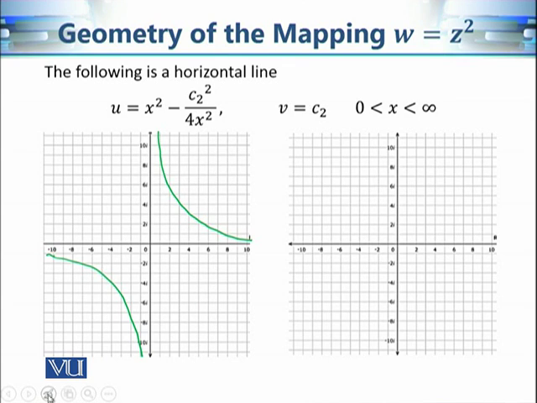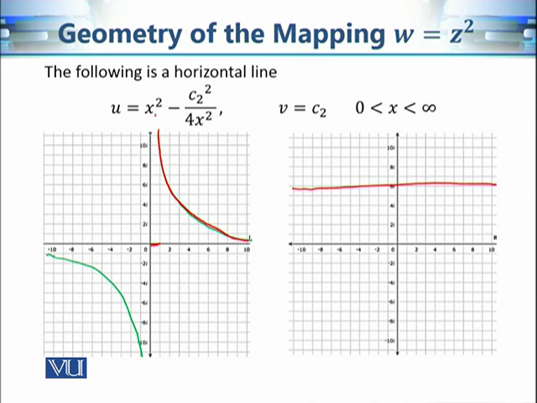Now let's focus ourselves onto the portion in the first quadrant. Okay, so this red portion. Now v is equal to c2. So in other words, this is always a straight line. It's basically a horizontal line. Now what is the effect of the values of u? Okay, so how u varies. Now we can see that when x is very, very small, so if we are very, very close to the origin, then basically it is negative.